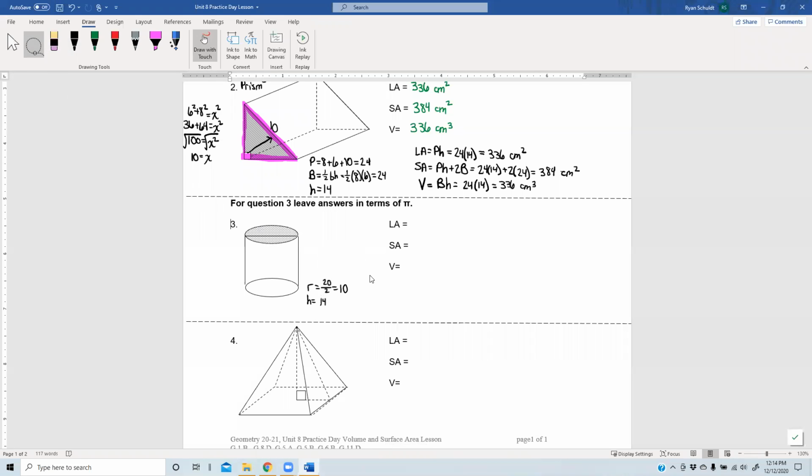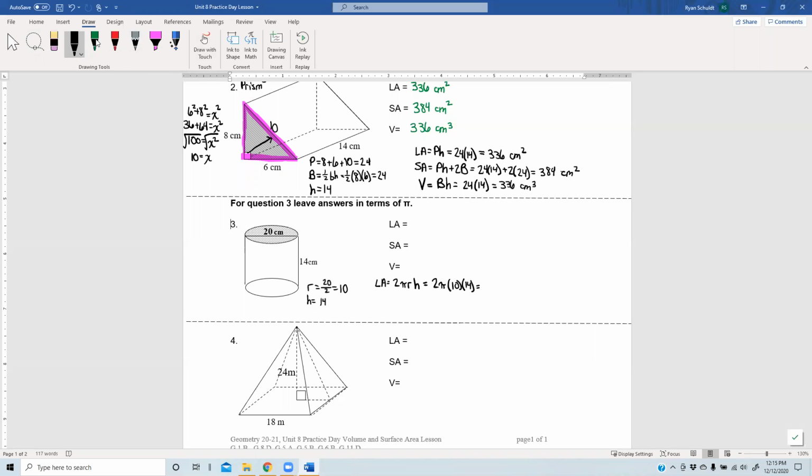to start solving. So let's see, LA. It's going to be 2 pi R times H. So 2 pi, R is 10, H is 14.